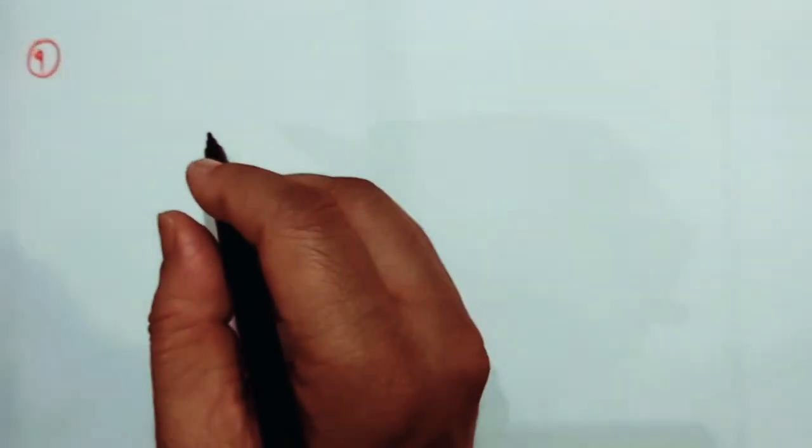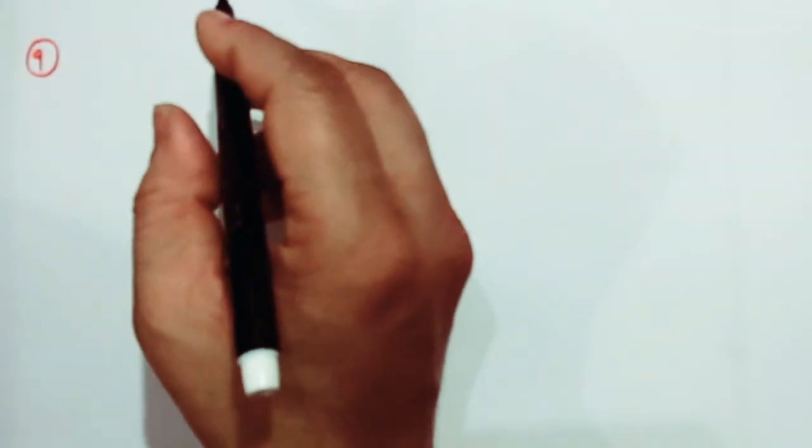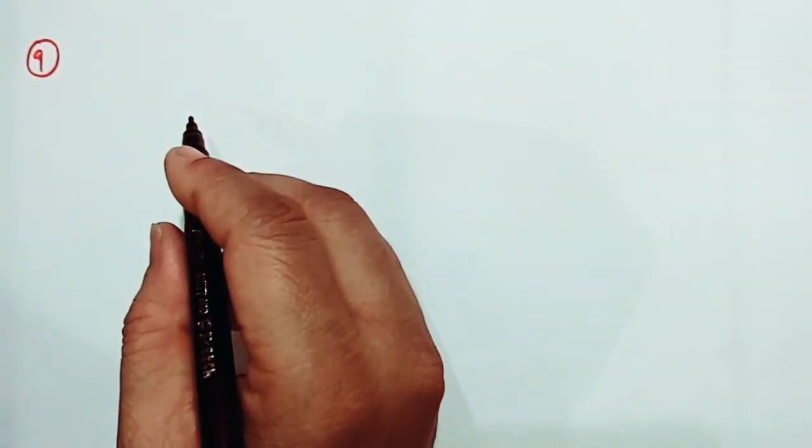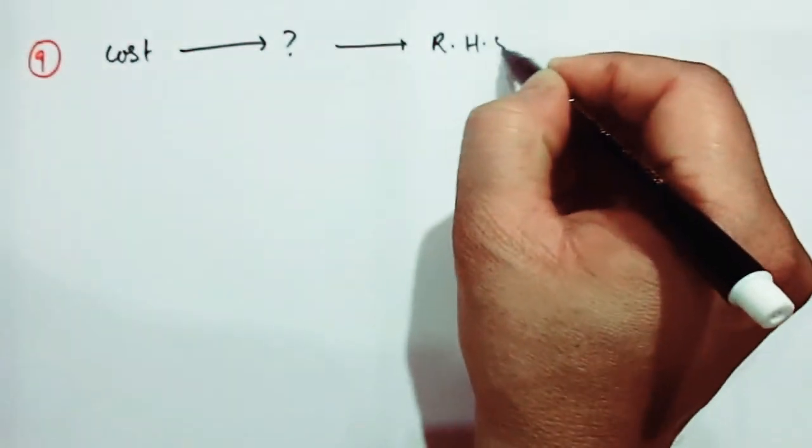In 25 meters of cloth costs rupees this much. What will be the cost of 20 meters of cloth of the same type? See here, what are they asking you? They are asking you the cost. So cost should be on your right hand side.